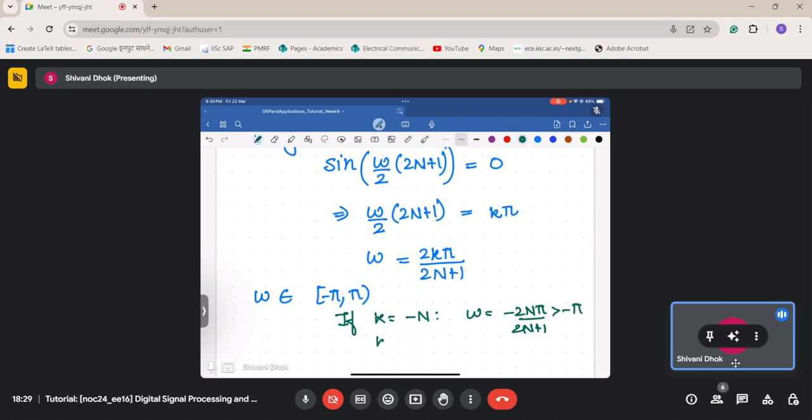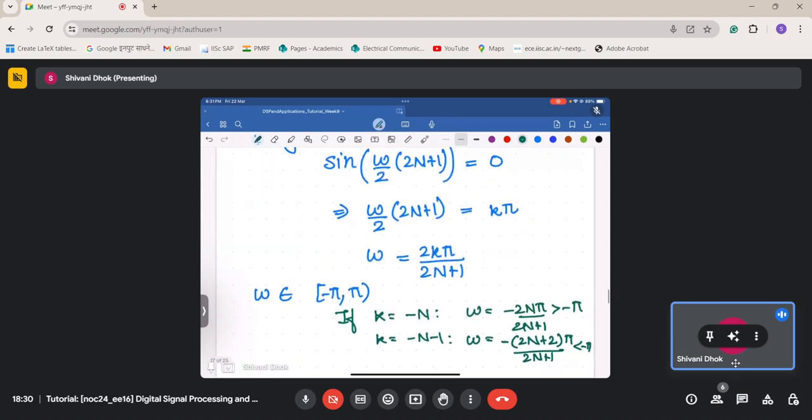Now if I have k equal to minus n minus 1, then my omega will be minus of 2n plus 2 pi upon 2n plus 1, and this quantity is less than minus pi, which means that we can't consider the values less than minus n.